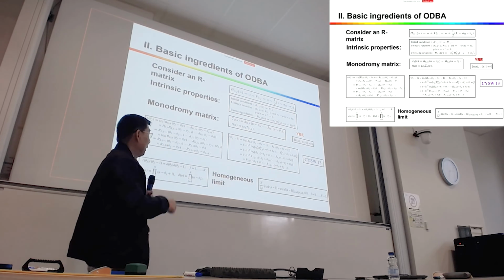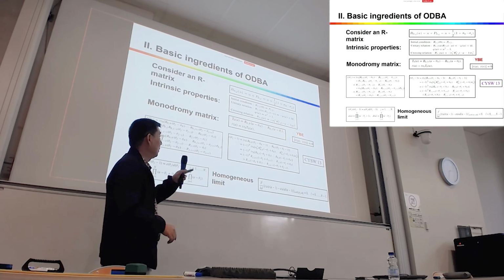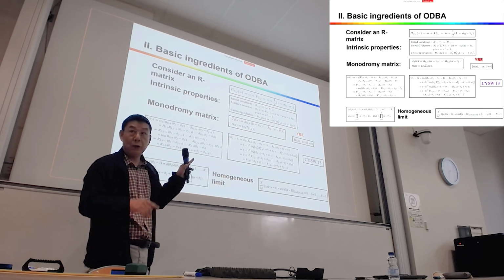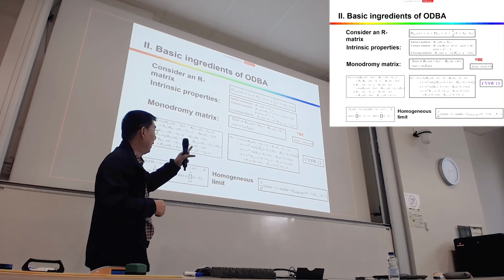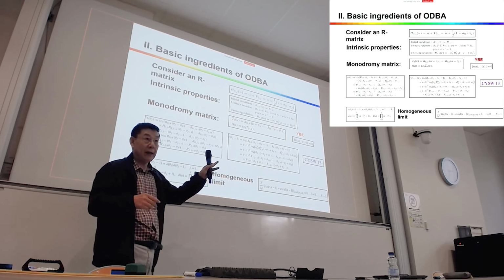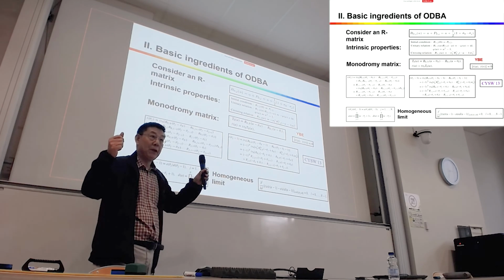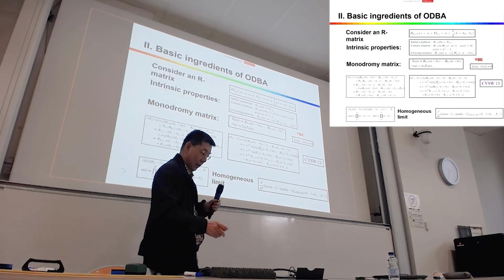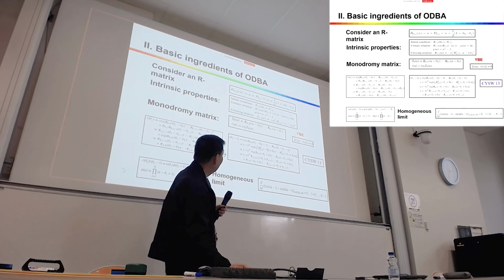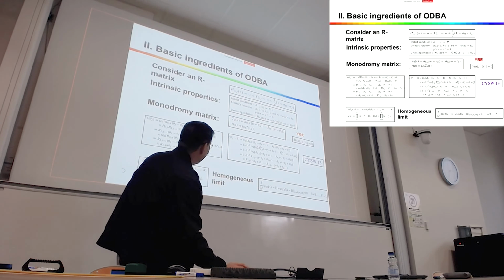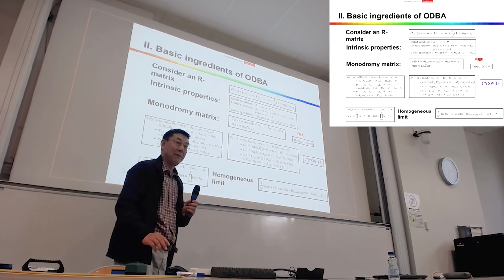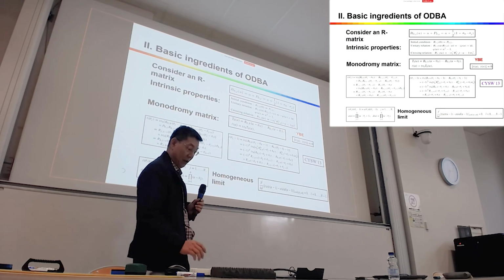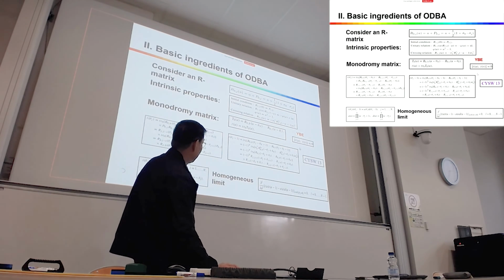From the monodromy matrix, we can define the transfer matrix that traces over the auxiliary space 0. And from the Yang-Baxter equation, we can get commuting transfer matrices with different spectral parameters.